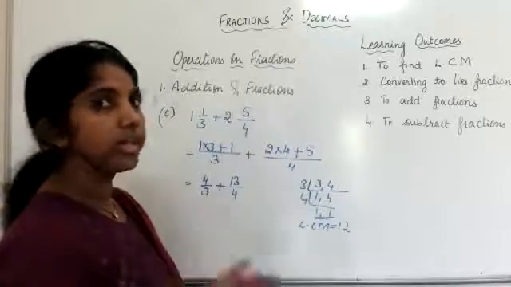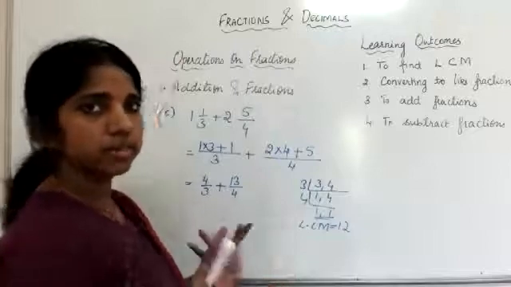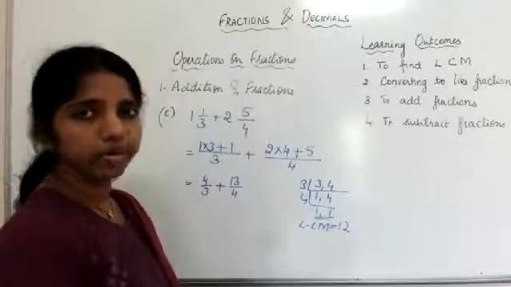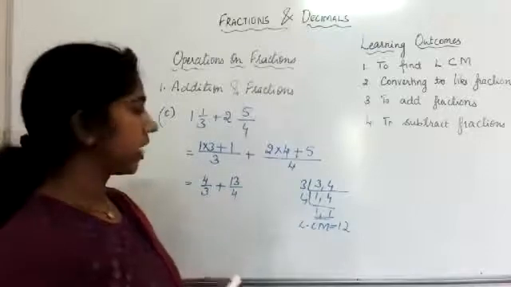We know there is no common factor. At that time you can directly multiply 3 and 4 and write 12 as the LCM.